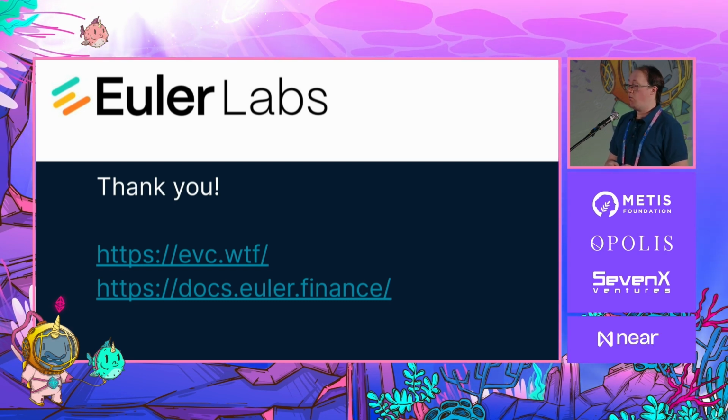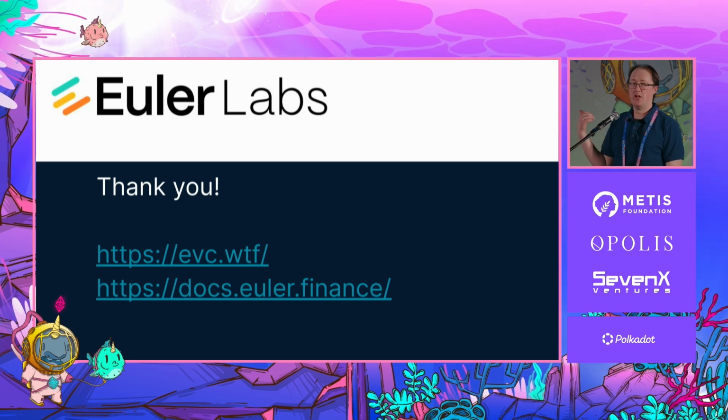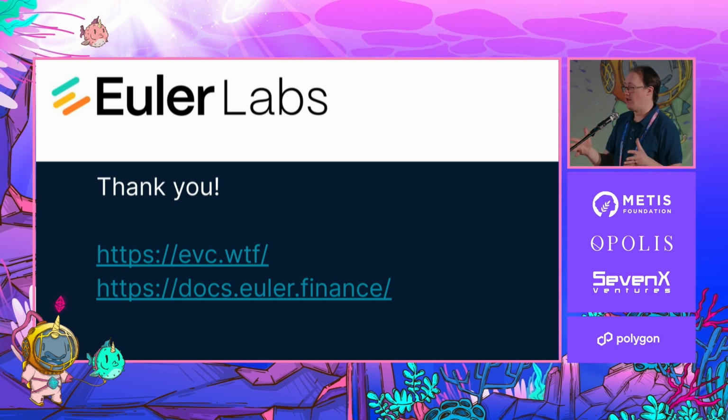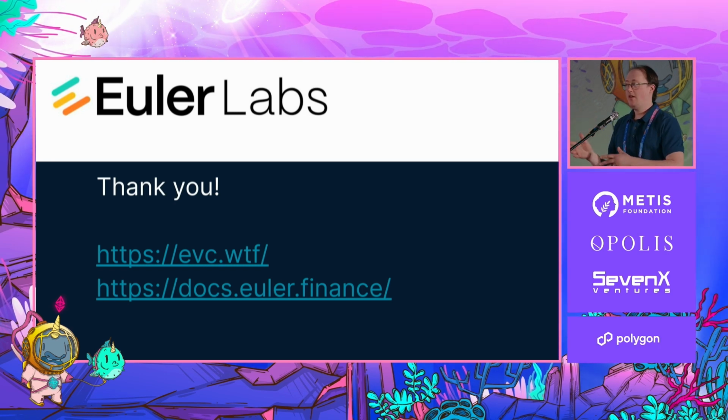The white paper itself is a more technical deep dive that talks about all the things we've discussed today, but also a bunch of other features I didn't get into. There are a lot of additional features that we didn't talk about today in the Vault Kit and the EVC. So if you're interested in them, check out the white papers, or come talk to us at the conference today.